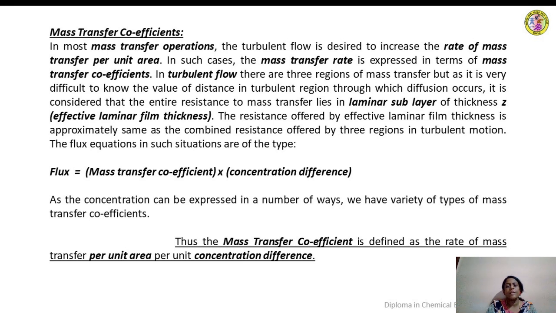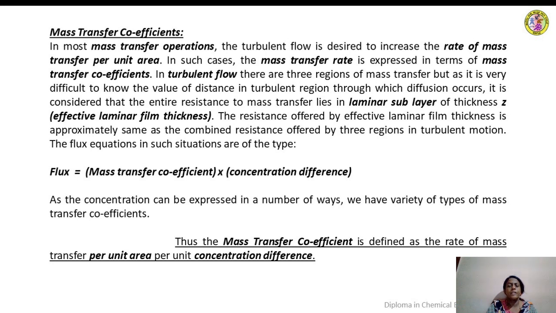So in a turbulent diffusion, there are three regions over which the mass transfer occurs. One is the turbulent region, other one is the transition region, other one is the laminar region through which the diffusion occurs by molecular diffusion.